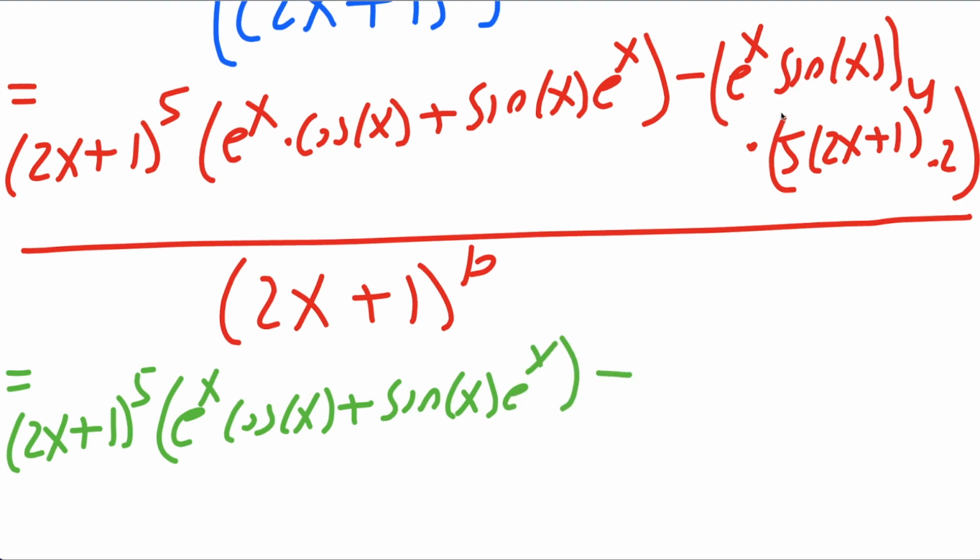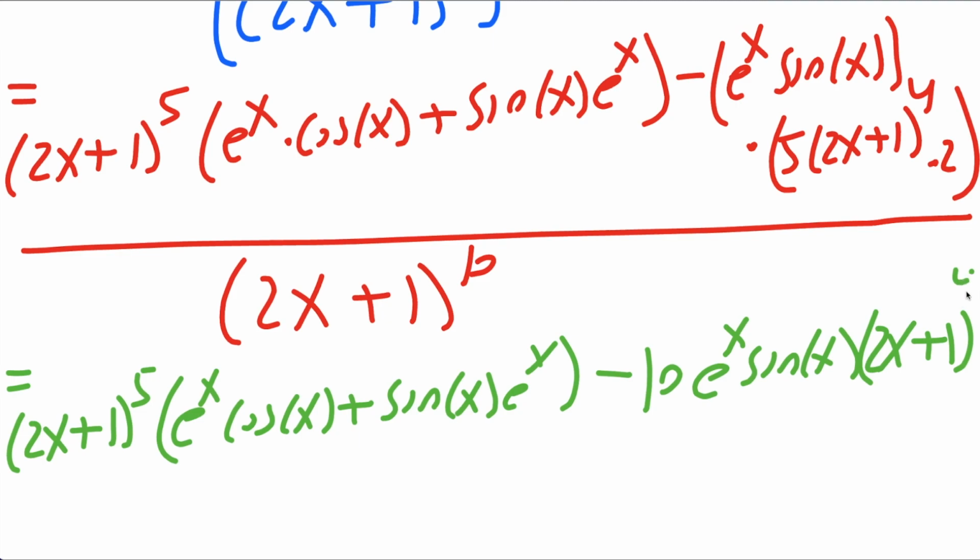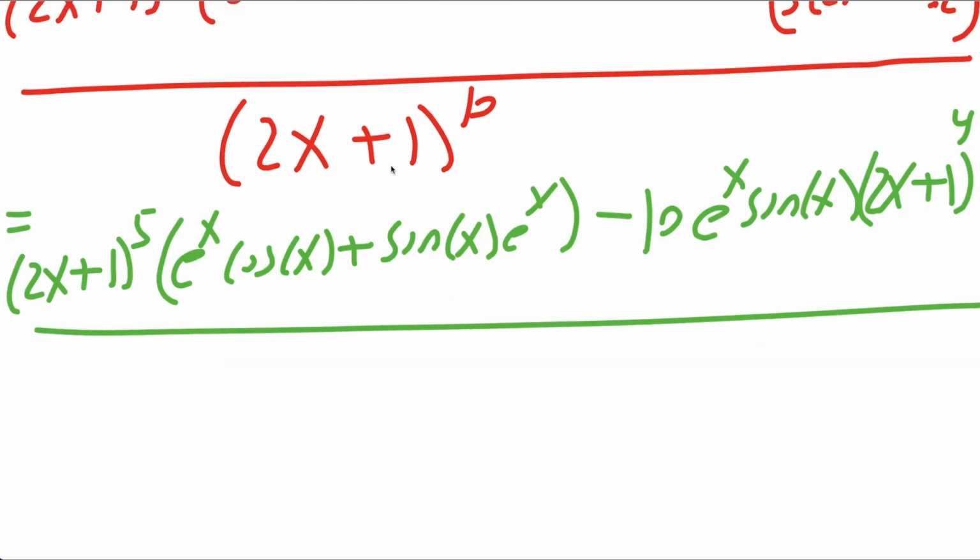So this is the part where we're going to modify it. 5 times 2 gives us 10. We have a negative in the front. So we're going to say negative 10 e raised to x sine x. And we have this piece here, the 2 (2x + 1) raised to 4. Again, the whole thing will be divided by this piece here, (2x + 1) raised to 10.